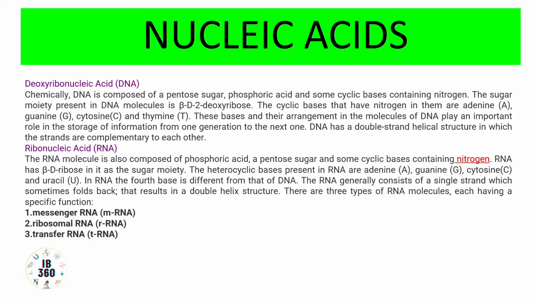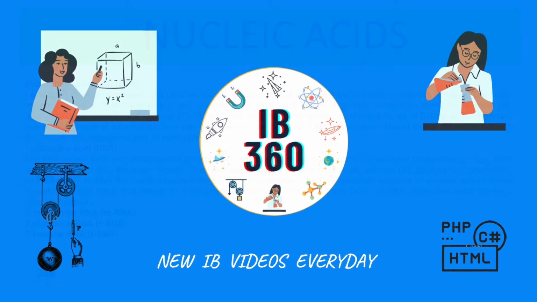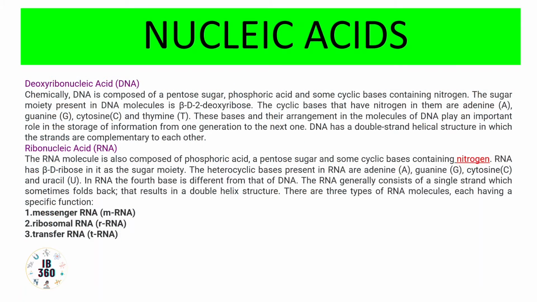So today's lesson we will talk about nucleic acids. Nucleic acids are long chain macromolecules which are formed by end-to-end polymerization of a large number of repeated units called nucleotides.